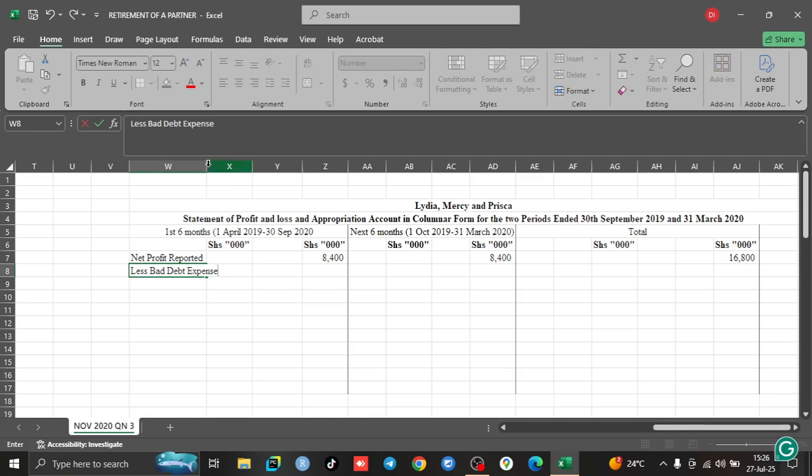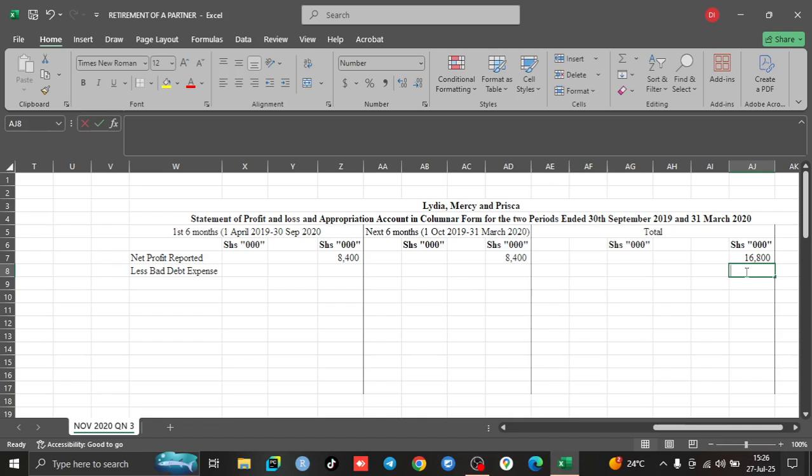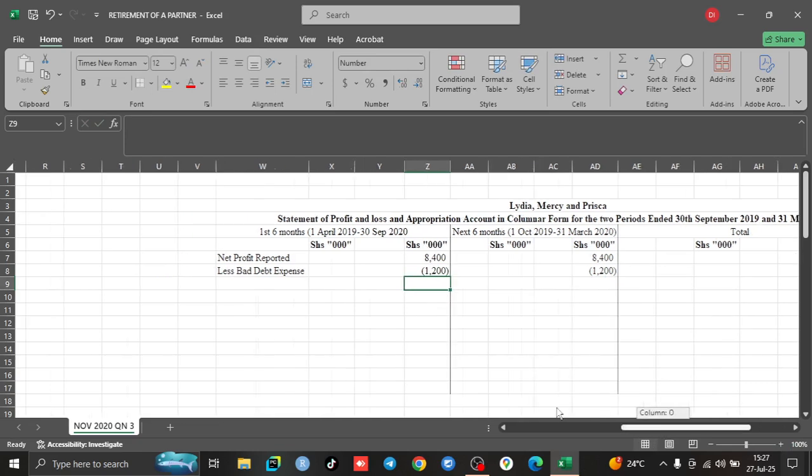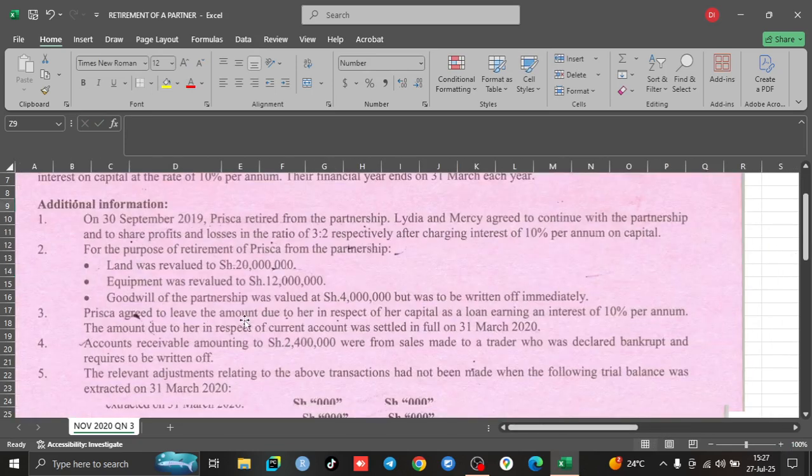The total is 2,400. Equally, it will be apportioned to the 6 months. 2,400. So for the 6 months each, it will be 1,200 each. Over 2. It should be over 2. Okay, that's okay.